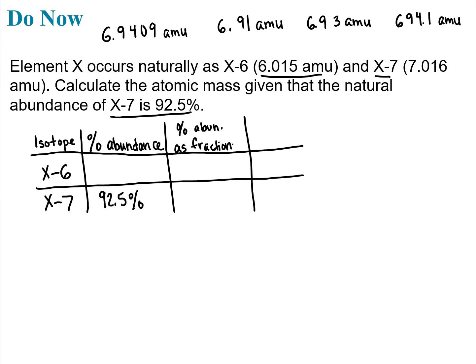How would we write 92.5% as a fraction? We just put the number over 100. So that's the percent abundance of X7 as a fraction.